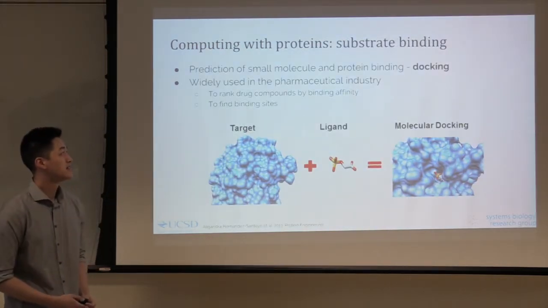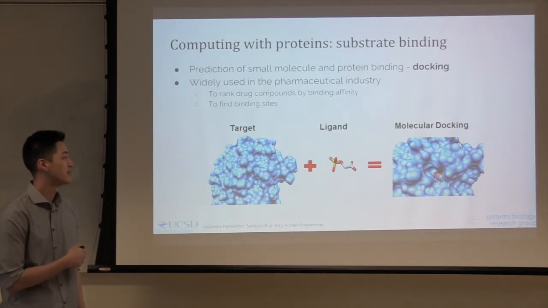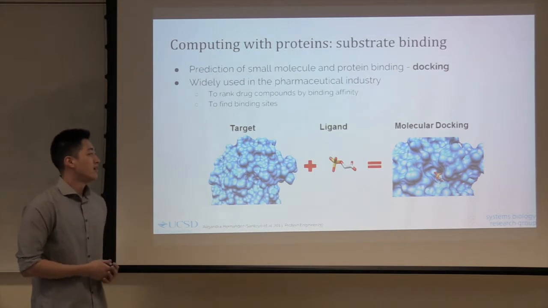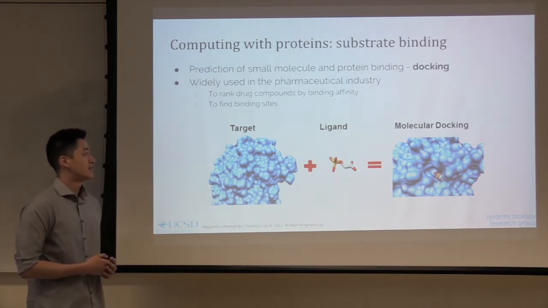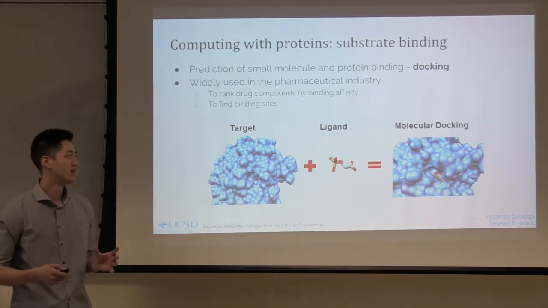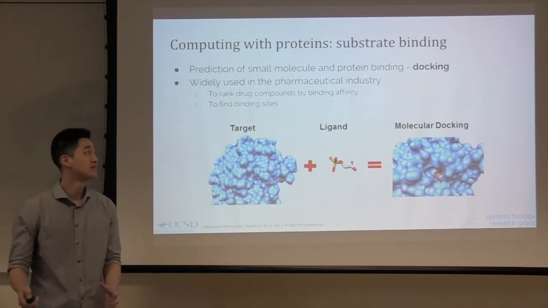So for these last 3 slides, I'll just give a brief introduction to some of the more complicated molecular computations that have been developed. One that has been worked on a lot is docking. Docking is the prediction of a small molecule binding to your protein.